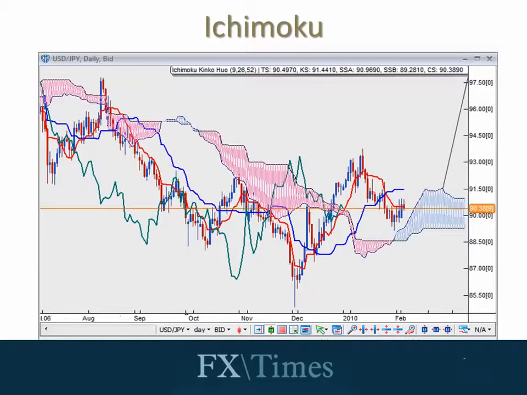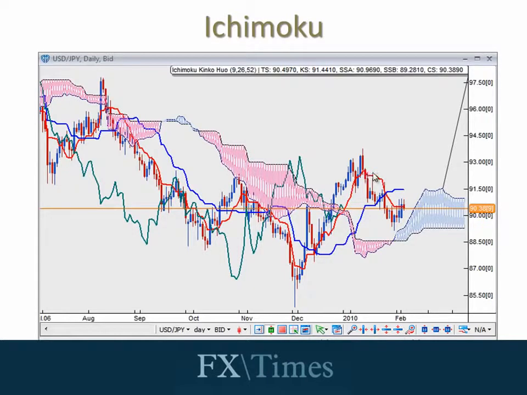Let's take a look at the components of the Ichimoku Kinko Hyo. In this chart you see the red, blue, cyan, and the two lines that create the cloud. Starting with the red, it is called the Tenkan Sen, and the blue is called the Kijun Sen.